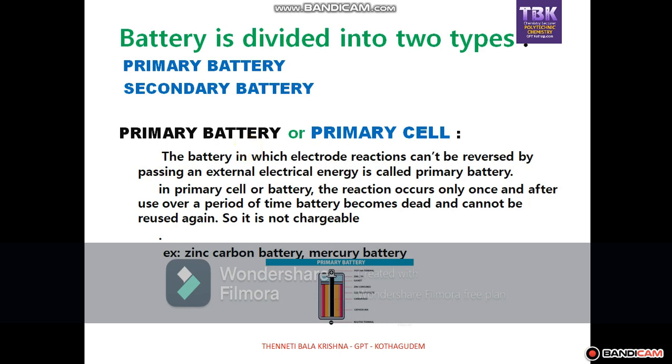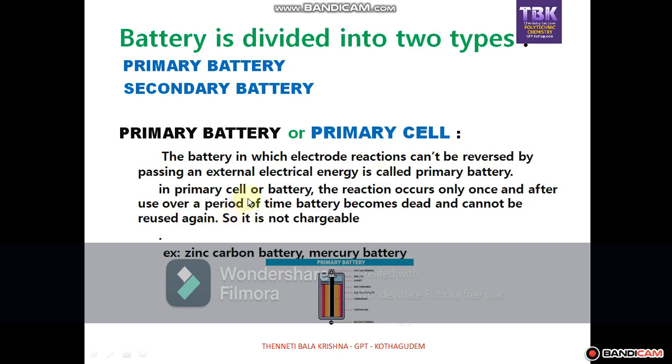The cell in which the electrode reaction cannot be reversed by passing external electrical energy is called a primary battery.